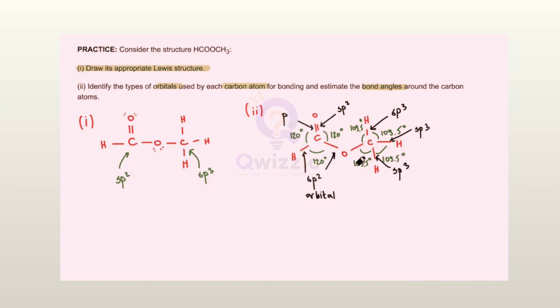The remaining one is the carbon-oxygen bond, which is also a single bond, right? So we're going to have an sp3 hybridization again. So simply speaking, each bond will correspond to the hybridization of the carbon atom, except for the pi bond of the double bond, which is going to be the p orbital overlap. And that's it. We have our final answers. Let's label them, and thank you for watching.